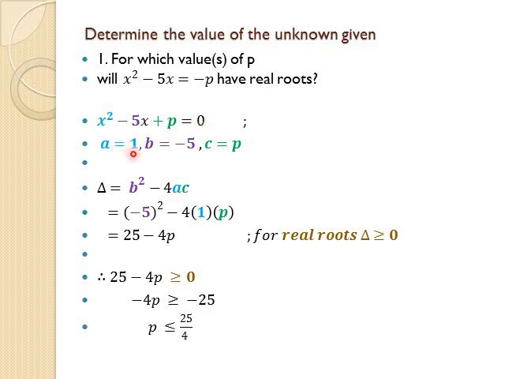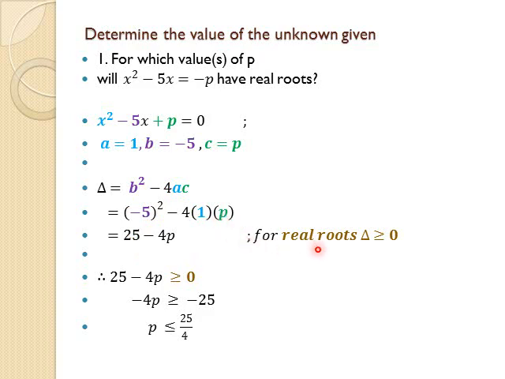So a equals 1, b equals negative 5, c equals p. So my discriminant, b squared minus 4ac, b being negative 5 squared, minus 4, a being 1, and c being p. So negative 5 squared gives me 25, and that would be minus 4p.